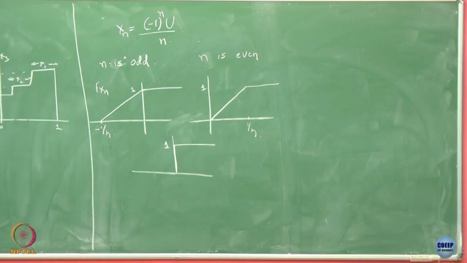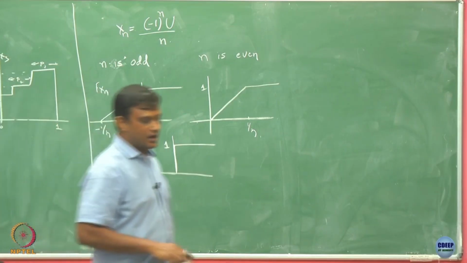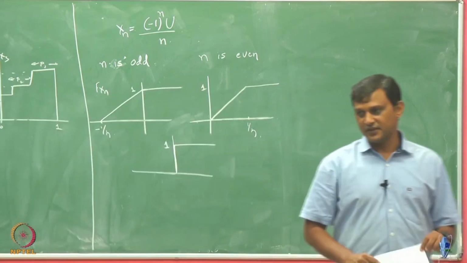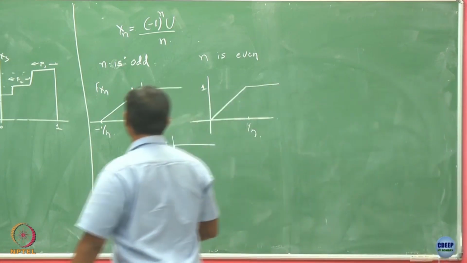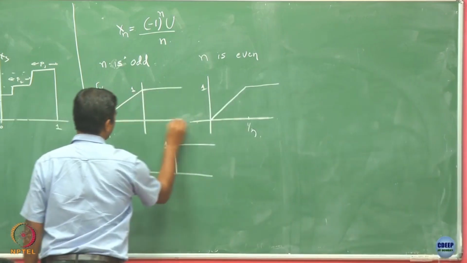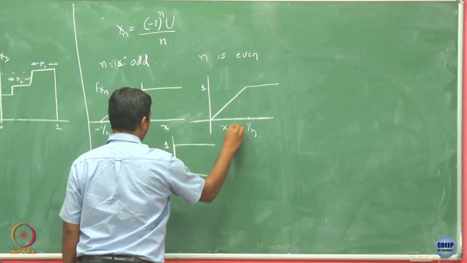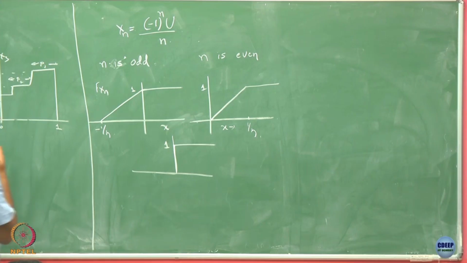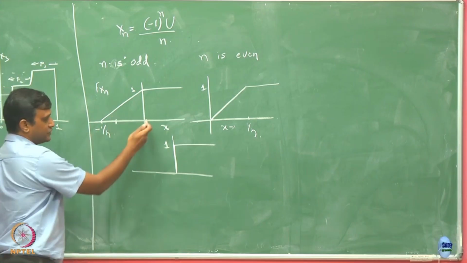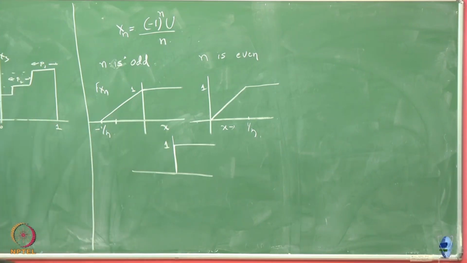Now let's try to understand how my CDFs converge at different points of x. So my CDFs are functions of x here, right? Let's see for different values of x how they converge. Suppose I take a value of x here on the negative side of my real line, that is x is less than 0.